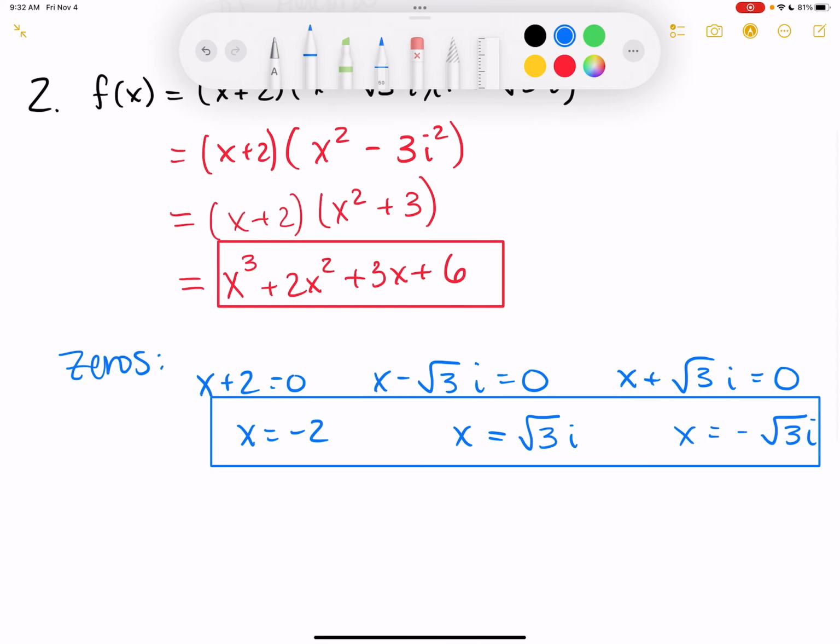And then it also wants the x-intercepts. So that's just where it's crossing at a 0. So x equals negative 2 is the x-intercept. I'm most concerned about you getting your zeros and then the standard form of it. So the x-intercept is just going to be the one that doesn't have the i with it, because the x-intercept has to be something that's real.